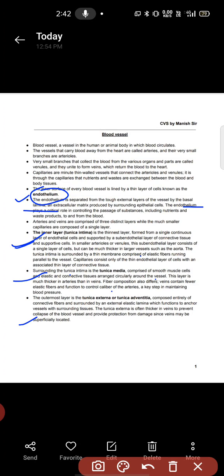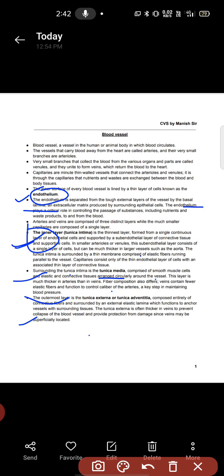The innermost layer is tunica intima. The middle layer is tunica media, made up of smooth muscle cells and elastic connective tissue that facilitate the contraction and relaxation of the blood vessels and maintain the blood pressure.